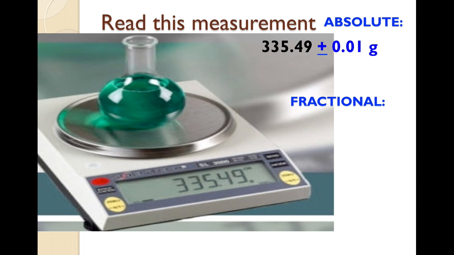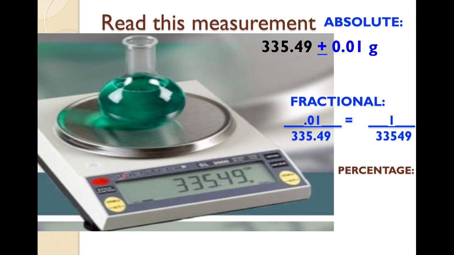The fractional uncertainty is 0.01 over the measurement of 335.49 grams, which gets you a fraction of 1 over 335.49. In order to find the percentage, feel free to stop this at any time to see whether or not you get the right answer.